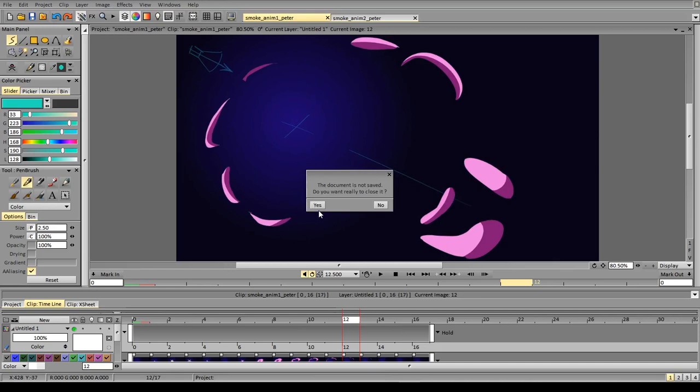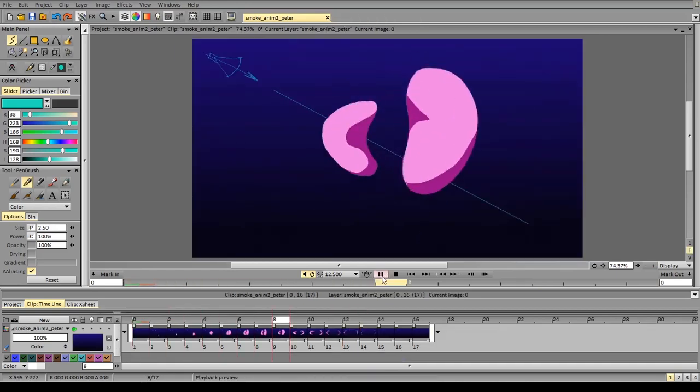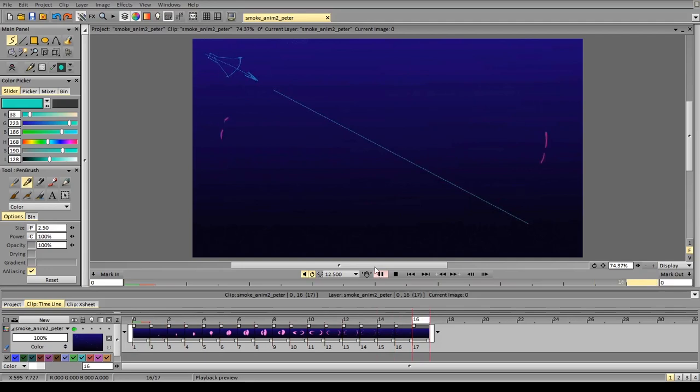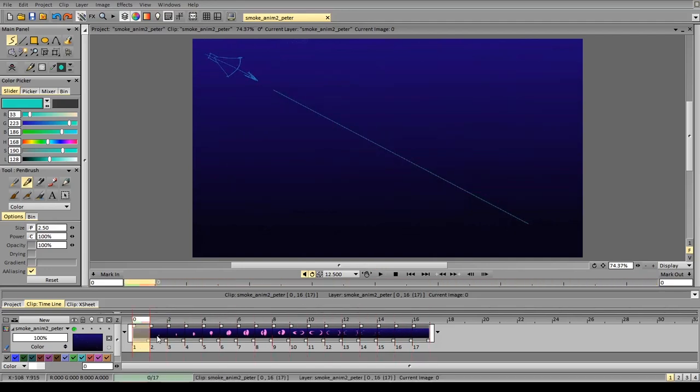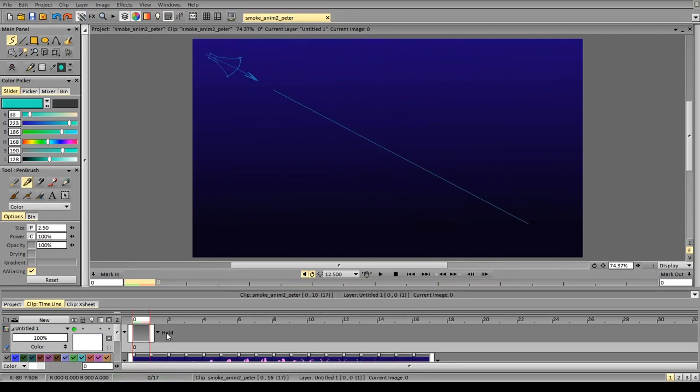So let's look at the next one. Here the problem is in the beginning, as we have a 90-degree angle between the source of the smoke and the smoke direction in the second half of the animation.